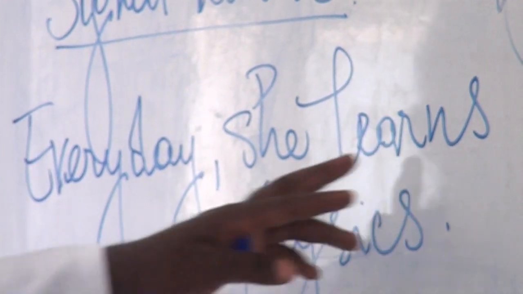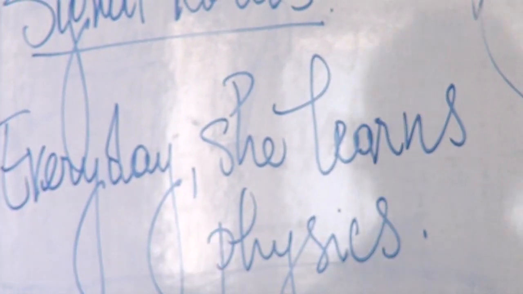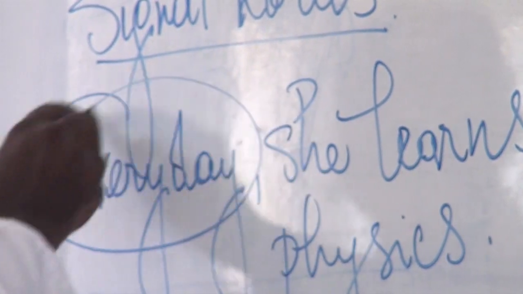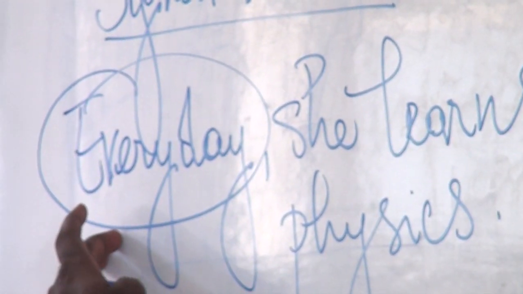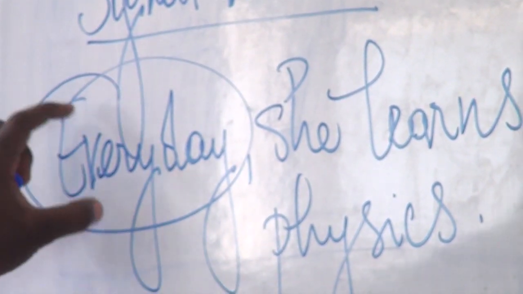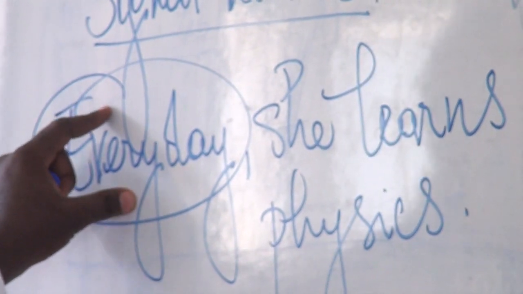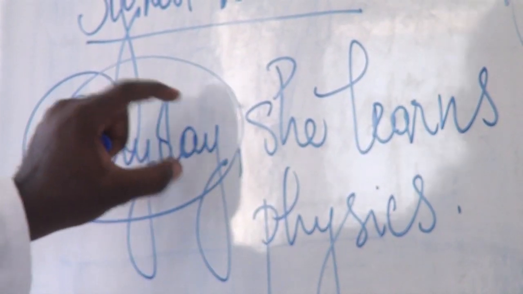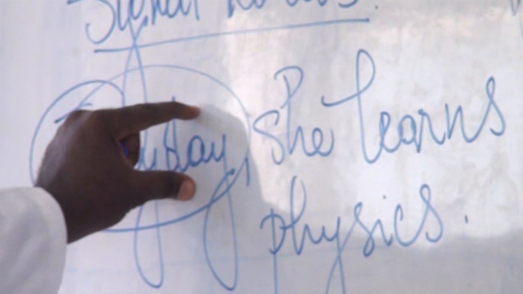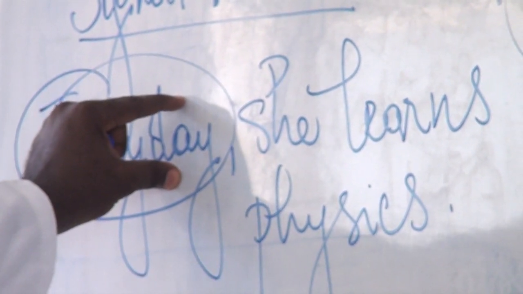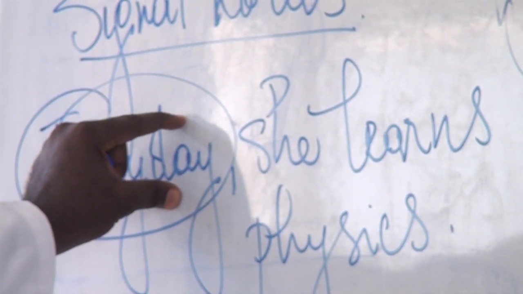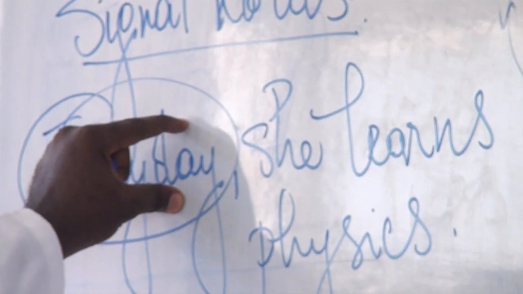Every day she learns physics. Okay. Every day in this sentence represents what we call a signal word. Every day is a signal word. So, whenever you have every day in a sentence, the verb will be conjugated into the simple present tense.